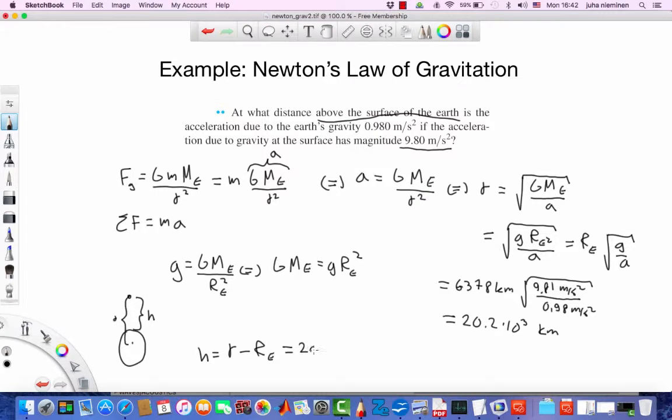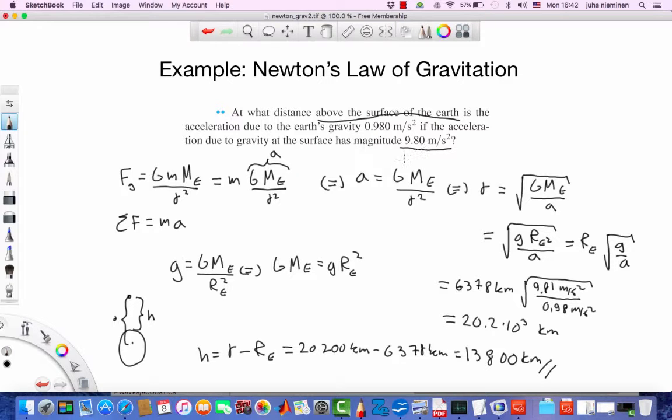So about 20,200 kilometers minus the radius of the Earth, we get about 13,800 kilometers. So we have to go about the distance of 2 Earth radii to decrease the value to one tenth of the acceleration on the surface.